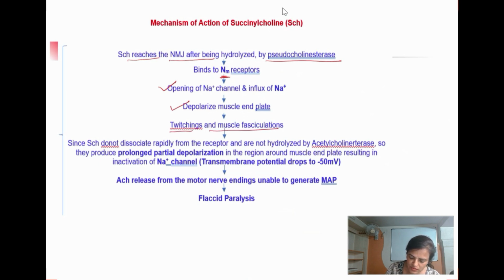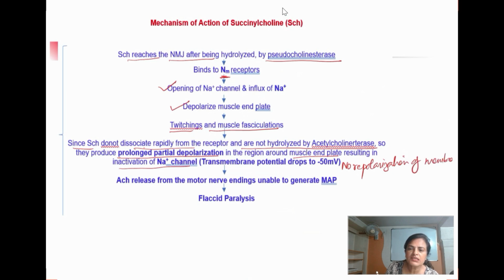Succinylcholine does not dissociate rapidly and is not hydrolyzed by acetylcholinesterase. So it produces prolonged depolarization around the muscle end plate, and that leads to inactivation of the sodium channel. Now there is no repolarization of the membrane.